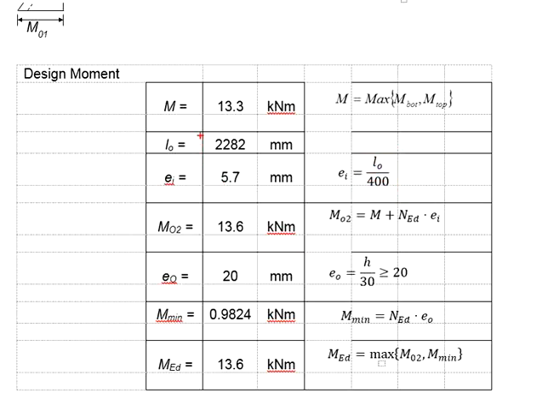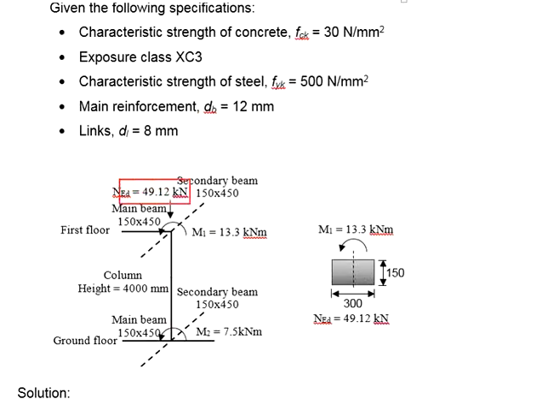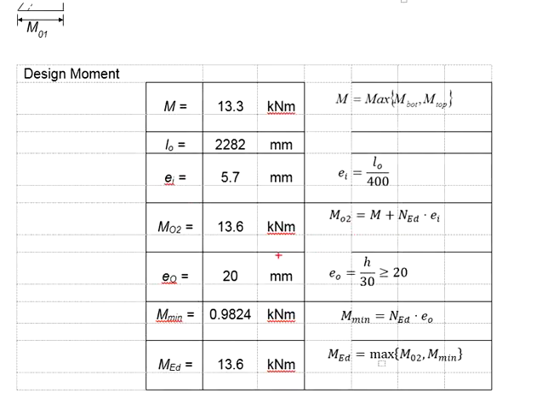The effective length was calculated as 2.282 meters divided by 400. You get 5.7 mm. Your M02 will be the M plus NED times ei. NED is given, which is 49.12 kN. This gives you the M02, 13.6 kNm.